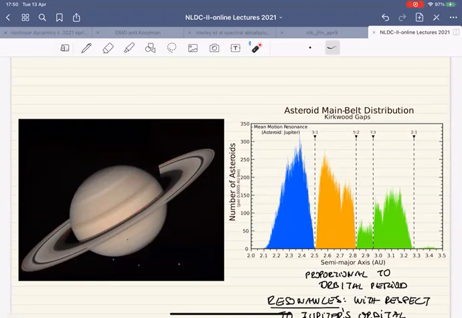So you can think in terms of their period or frequency, or in terms of their semi-major axis, which is another way to parameterize their frequency. In any case, their orbital frequency around Jupiter is in resonance with the orbital frequency of Jupiter around the sun.